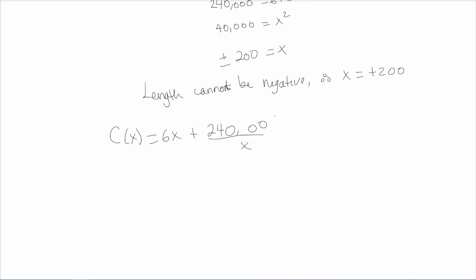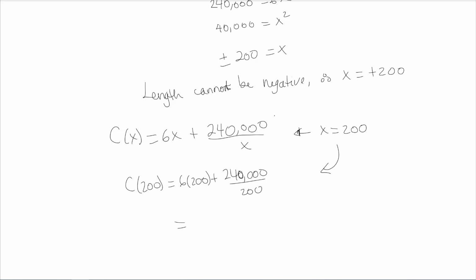That is a 0. It kind of looked like a 6. 240,000 divided by x. And I know when x is 200, what will the cost be? So the cost when x is 200 is going to be 6 times 200 plus 240,000 divided by 200.